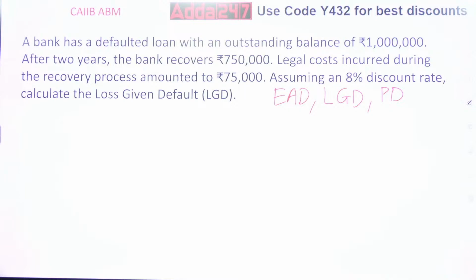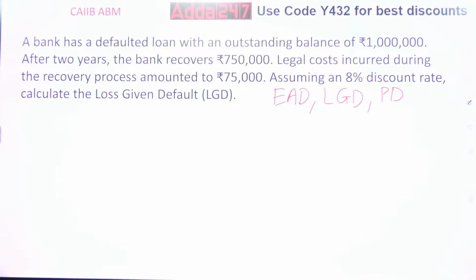What is the recovery rate? Recovery rate equals amount recovered minus legal cost, because that is my expense, upon 1 plus R. What is R given? 8%, raised to N. So it is to be done on an ongoing basis. So first do this.